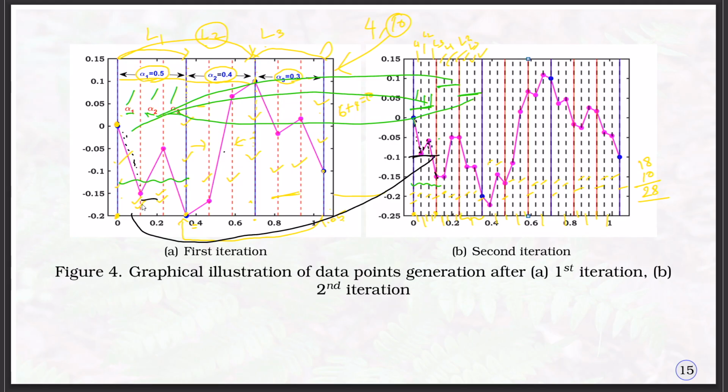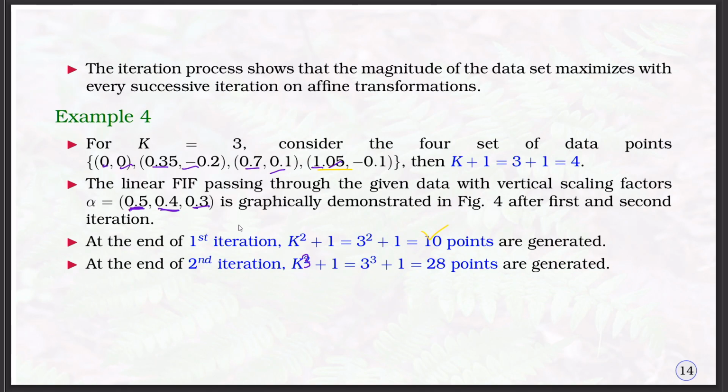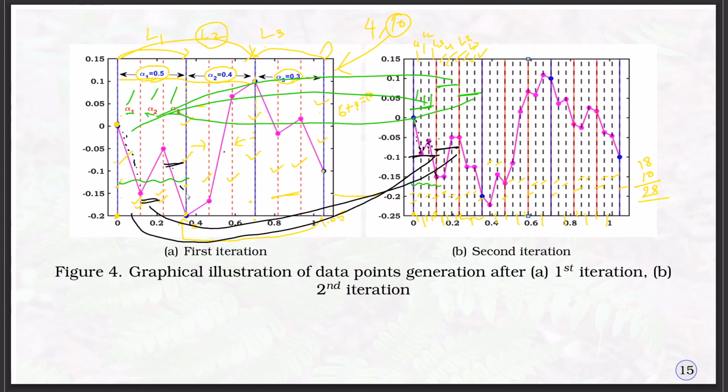Similarly, if you consider this one, you can see how it behaves with respect to the scaling: this interval, straight line, increasing, straight line. And also you can consider this interval, in which 3 scalings are applied, and the data points are like this. So, like that the fractal curves are generated and we generate the corresponding data points.